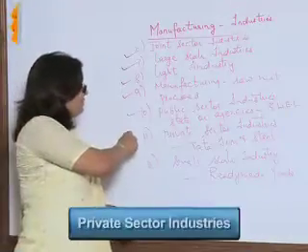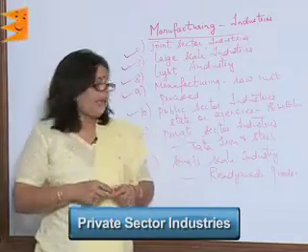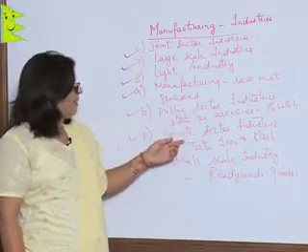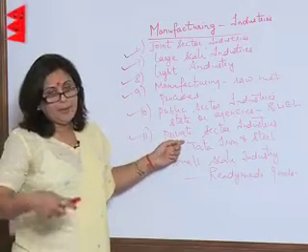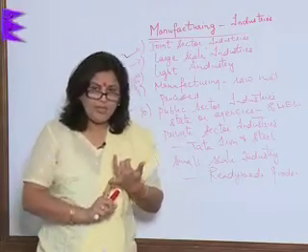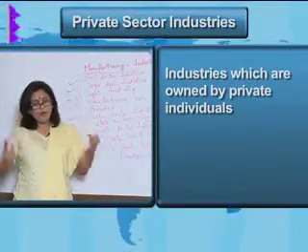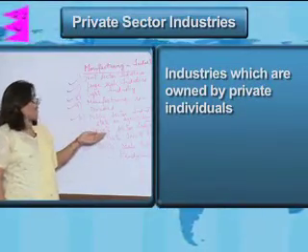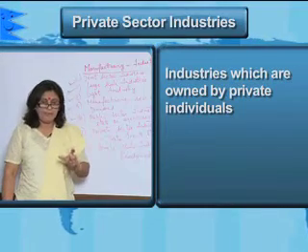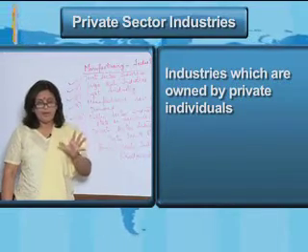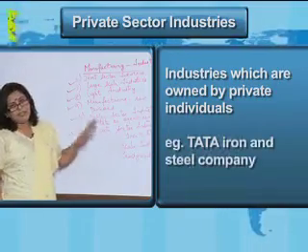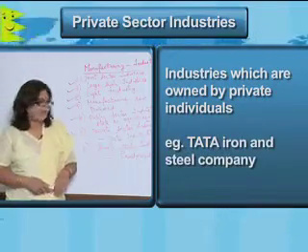Next is private sector industries. If public sector is owned by the government, then the private sector industries are owned by private individuals. That is, either one man or a group of people own this kind of industry, and their basic aim is just profit and profit alone. And the example of this is the Tata Iron and Steel Company.